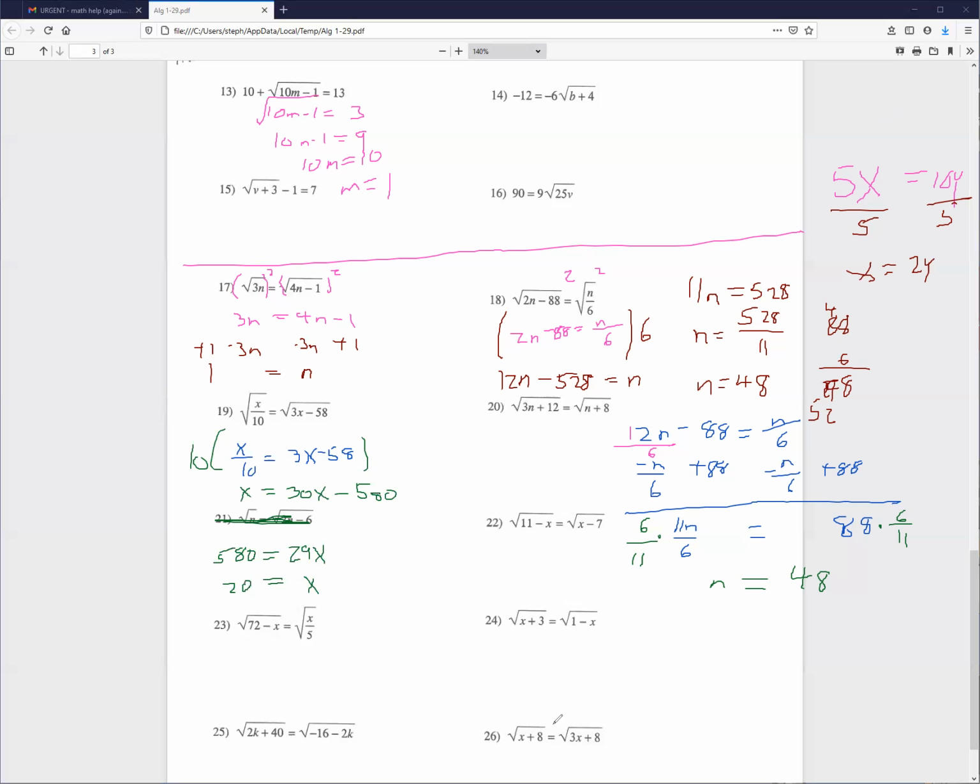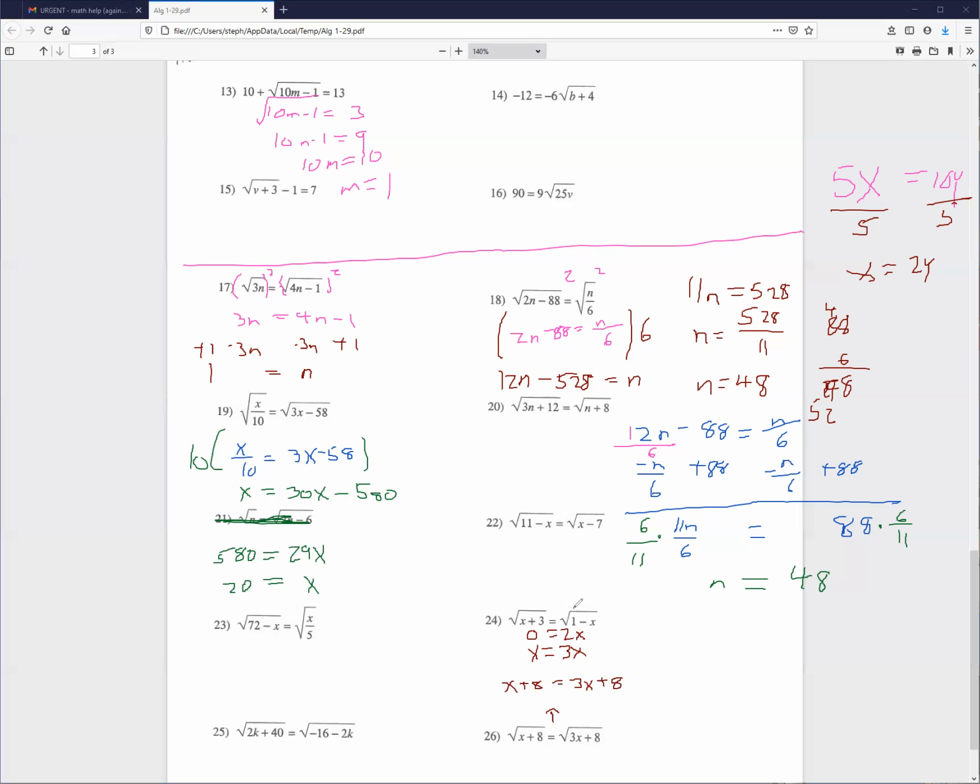So if I were to square both sides for number 26, I'm going to get x plus 8 equals 3x plus 8. All right, well, let's subtract 8 from both sides. We get x equals 3x. If we subtract an x from both sides, we get 0 equals 2x.